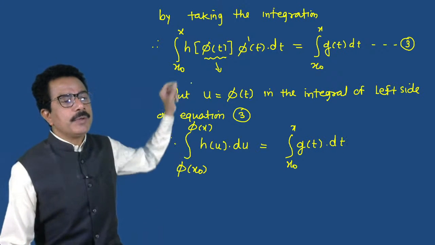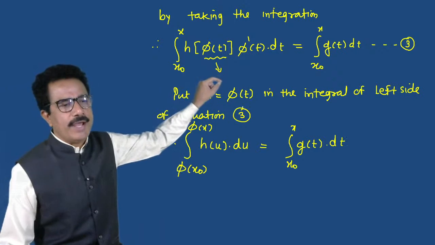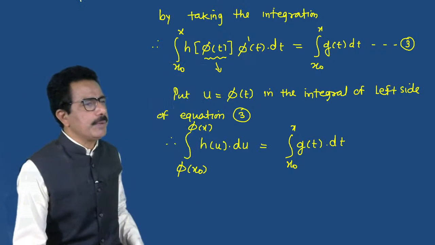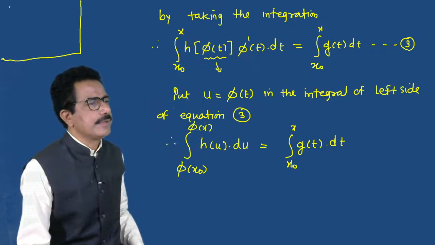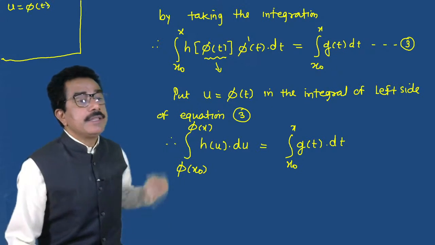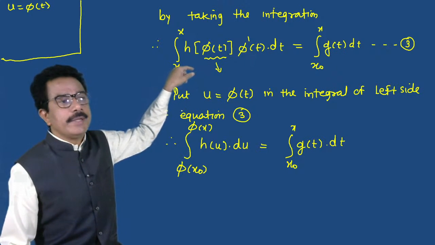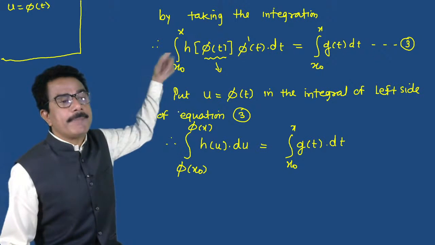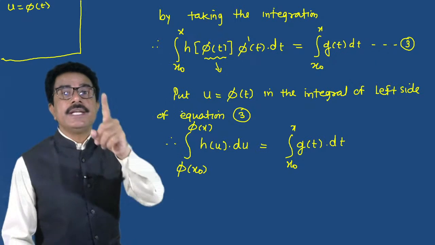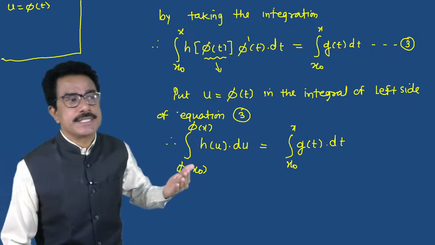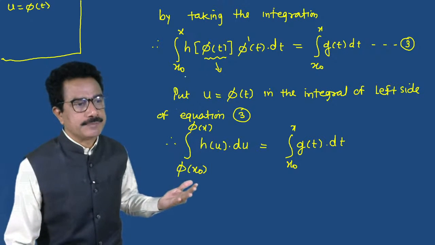If we put u equals phi of t in the given integral, there are two limits, lower limit x naught and upper limit x, and these will also change according to our substitution.